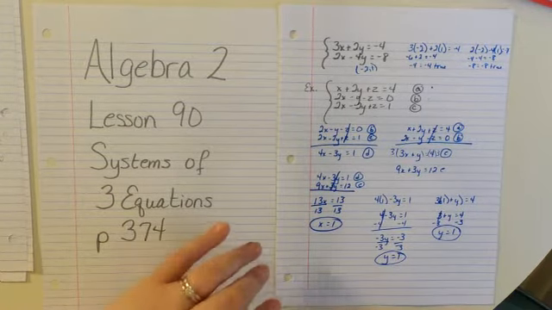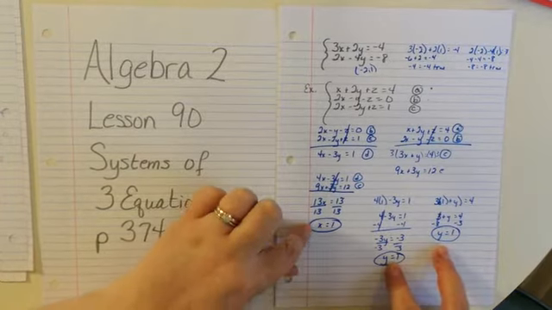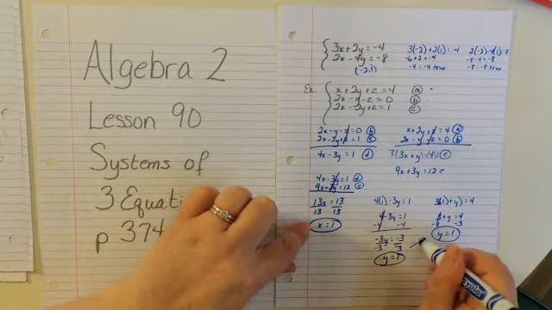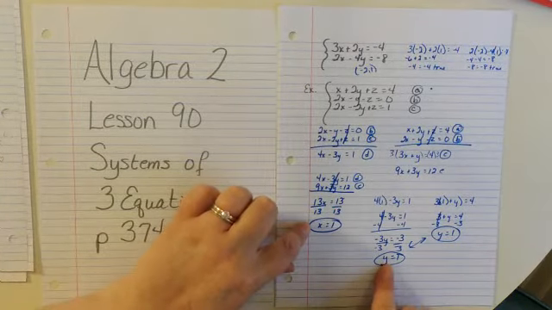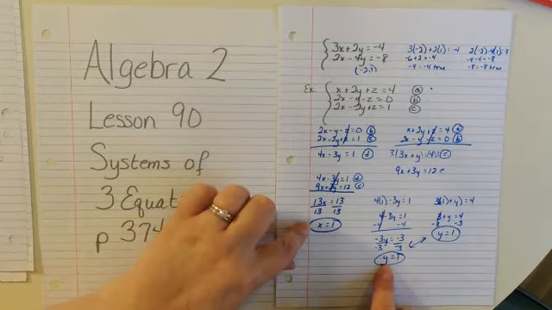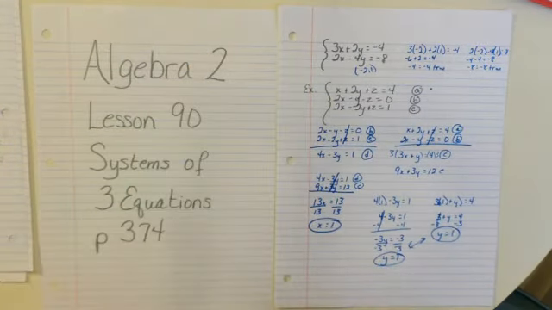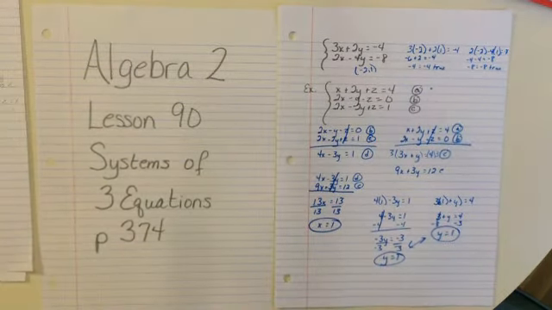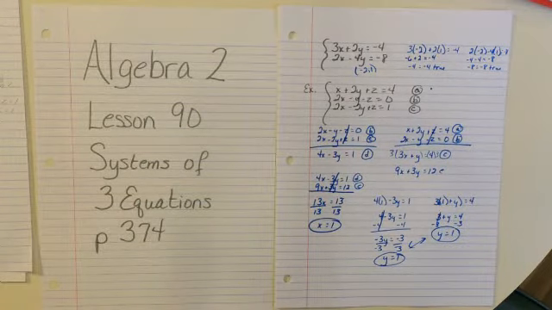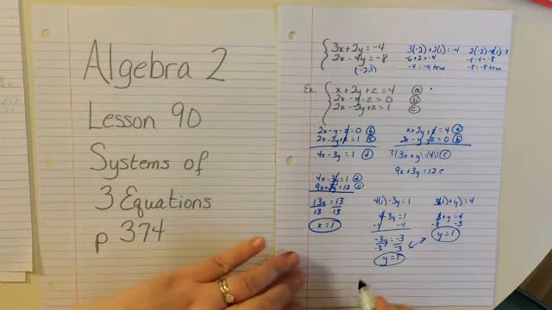Okay, now we can solve. So we've got y equals 1, and we checked that. Okay, now we can substitute x equals 1 and y equals 1 into these to solve for z. And to check, we should do it to all three of them, if I have enough room here.